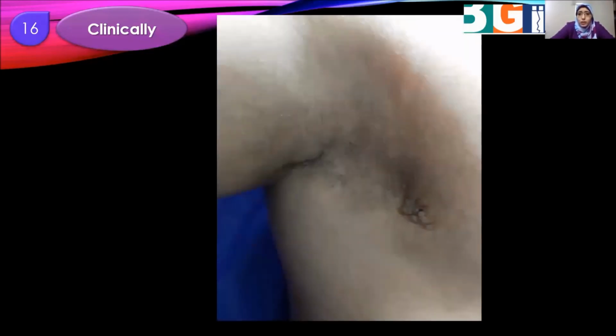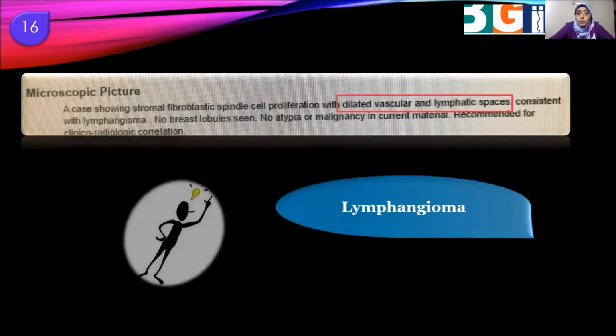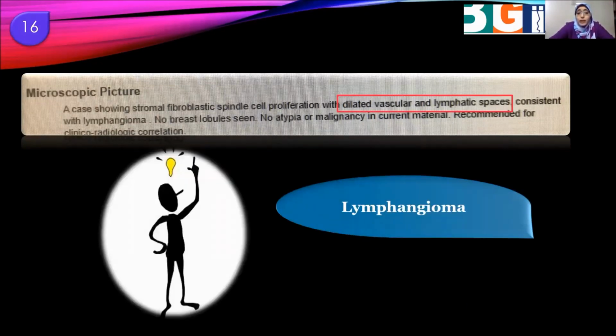Clinically, the patient stated that she had a skin discoloration over this area, and there were also skin tags along this area. The tissue biopsy showed dilated vascular lymphatic spaces, and it was a lymphangioma. This was an interesting pathology, an interesting case.